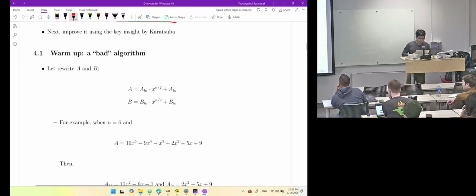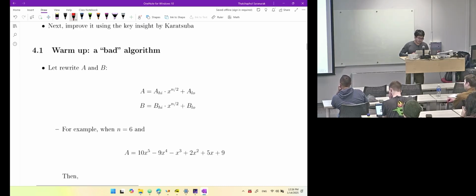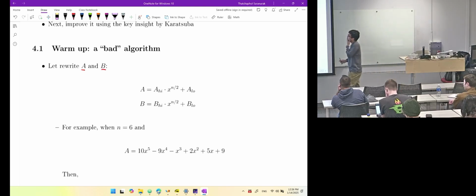So let's start with a divide and conquer algorithm that is not really an improvement. Maybe I try to write my polynomials A and B. Sometimes I don't write A(x), but just A.